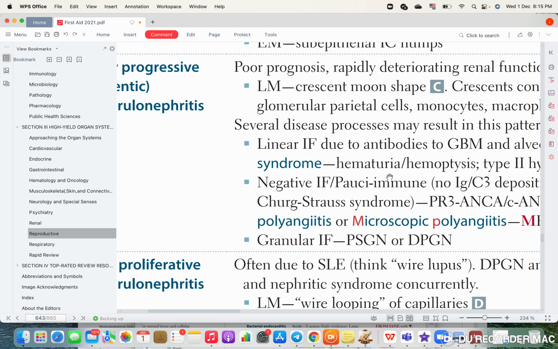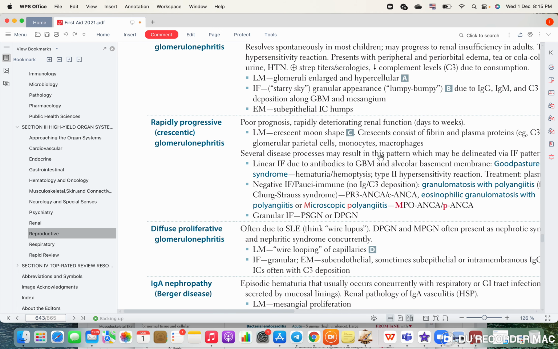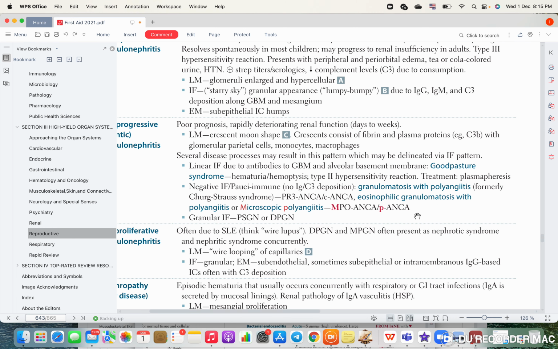Okay, so speaking about the crescentic, we have so many diseases. We have Goodpasture syndrome. So Goodpasture, remember, it's an antibody attack against the glomerular basement membrane and also the alveolar basement membrane. So they will be coughing blood and urinating blood. And the treatment is by getting the antibodies outside of their body.